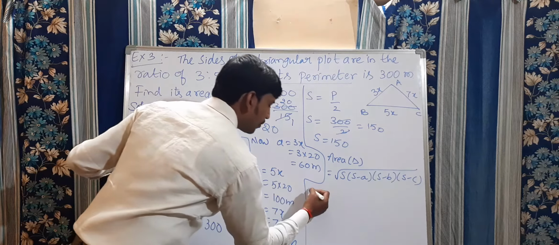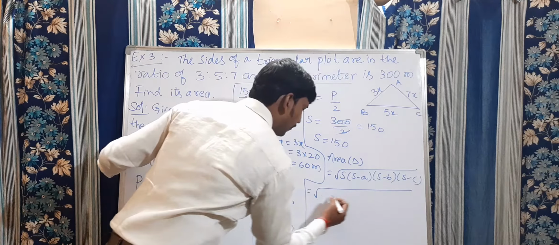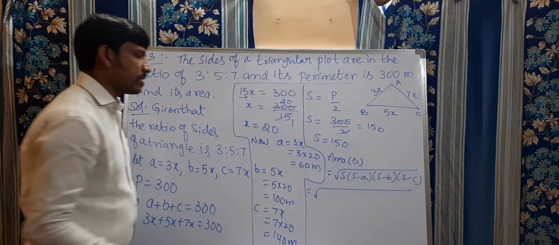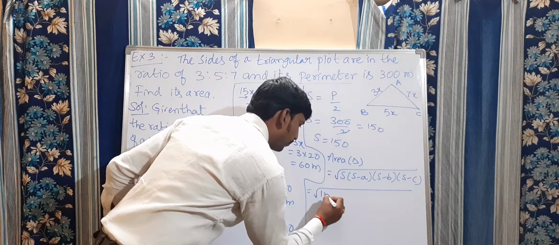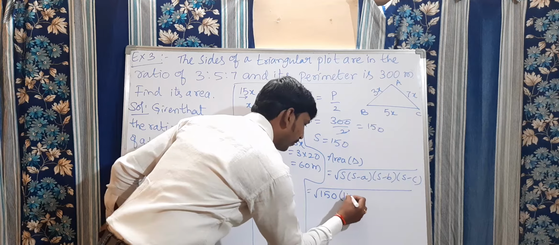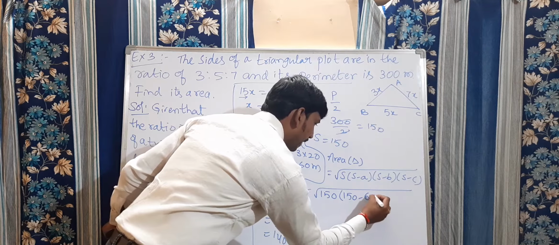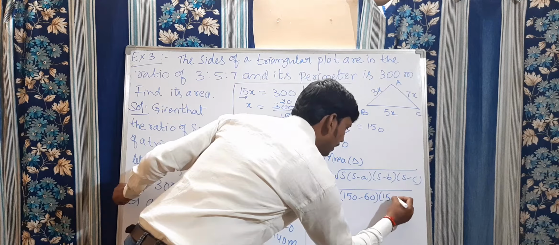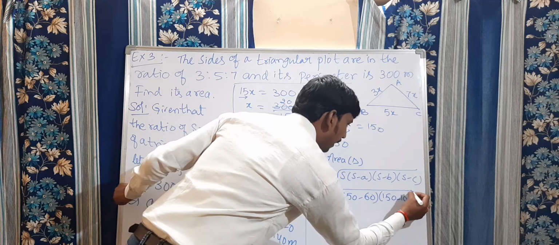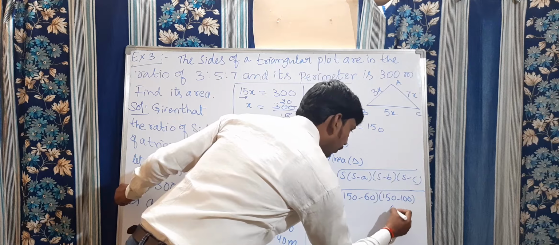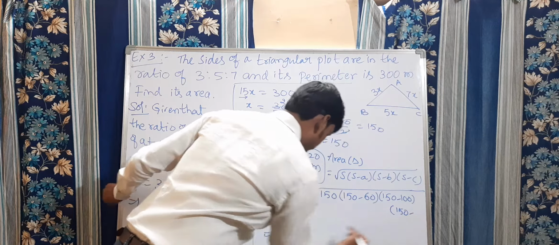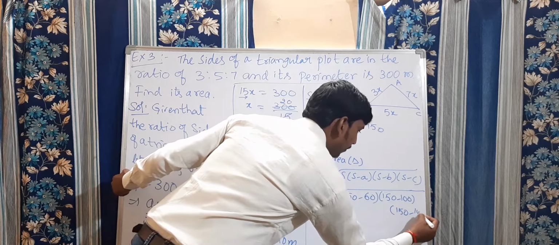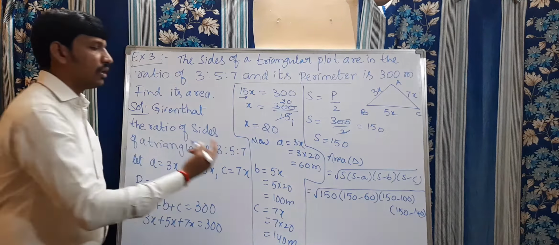Substitute all the values, which implies under root of, what is the s value here? s is equal to 150, into 150 minus 60, because that is the a value, and 150 minus 100, that is the b value, now into 150 minus 140, that is the c value. I substituted all the values.